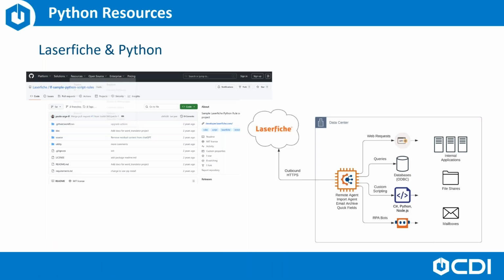For the programmers on the line, Laserfiche also has a full Python capability set, including an active GitHub repository that offers various resources for developers, including sample projects to get you started, API utilities, UI components, etc. The API enables integration with your other enterprise applications.